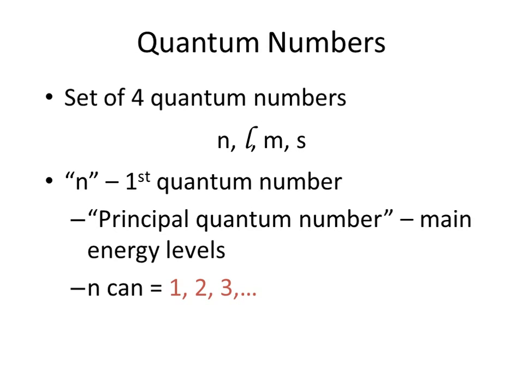In theory, it could go up to infinity as long as it's a positive whole integer. But in reality, currently, we only go up to level n equals 7. As we get more elements that require more electrons, eventually we may have an 8th main level, but for right now, we only go up to 7.